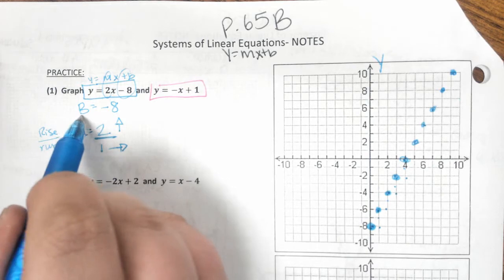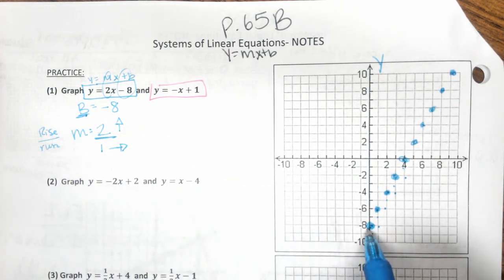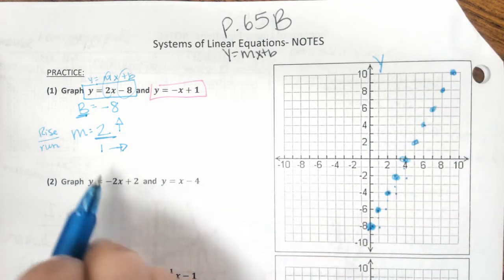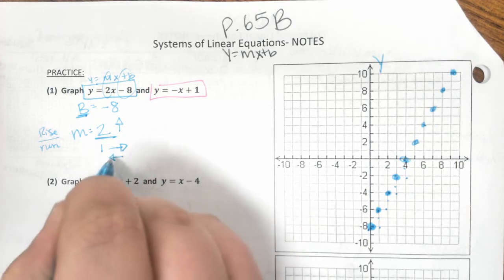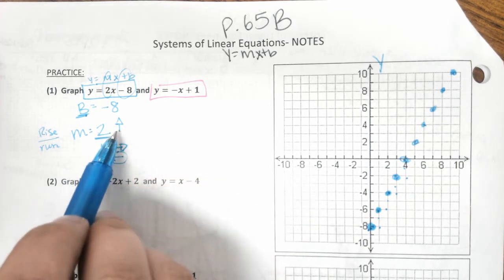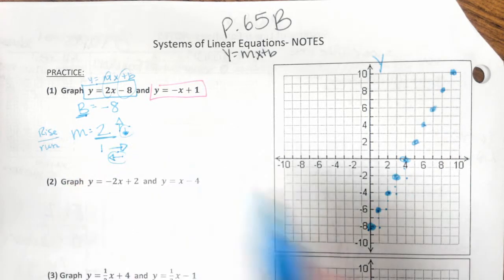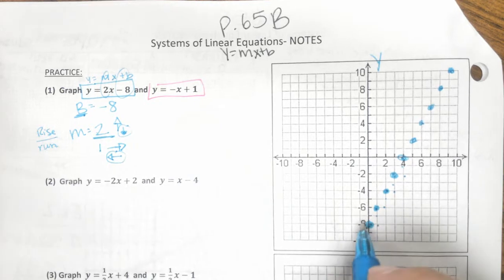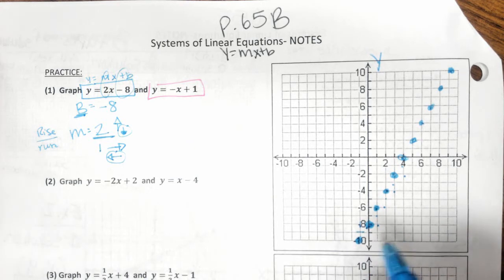Now we go back to the beginning, negative 8, and we do the opposite to go backwards. The opposite of right 1 is left 1, and the opposite of up 2 is down 2. So from that beginning point, we go left once and down twice until you run out of room, which we've done.